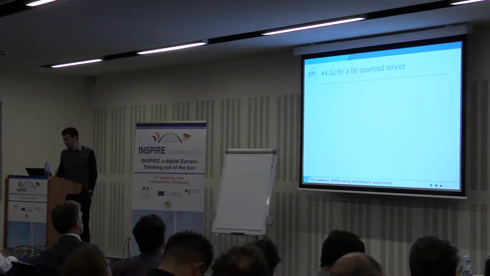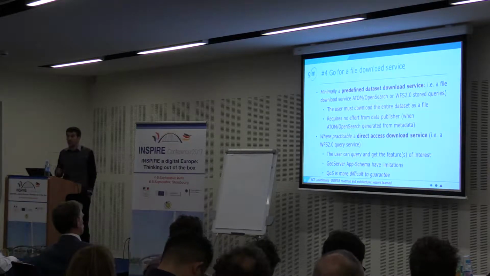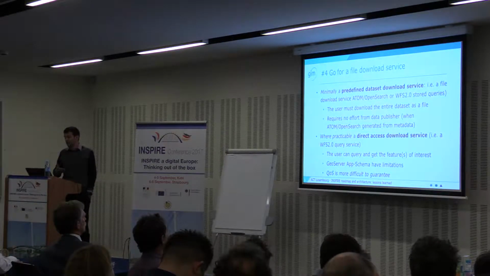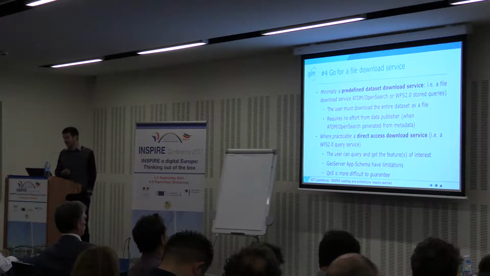Also on the download service, the Inspire directive requires you to minimally have a predefined dataset download service, and where practicable, to have a direct access download service. A predefined dataset download service is just a file download service. It's easy to put in place, but of course the user can only download an entire dataset, even if the user is only interested in a few features in that dataset.